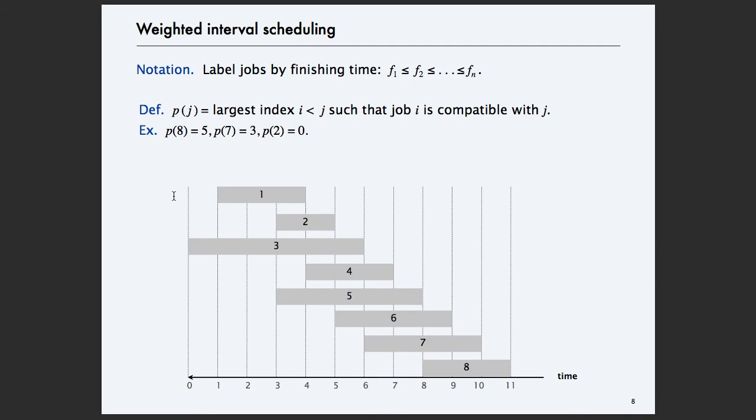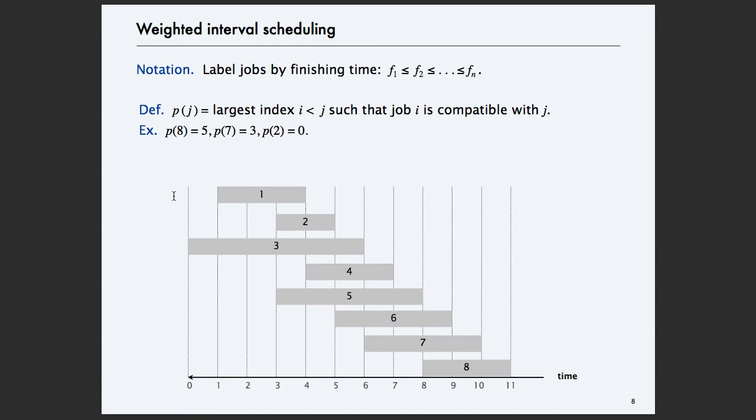So in this particular case, for job 4, let's ignore that we're starting at 0 and calling it 4, it's really 3, which one is P of j? 1, right? That's the largest one that's compatible. Does that make sense?